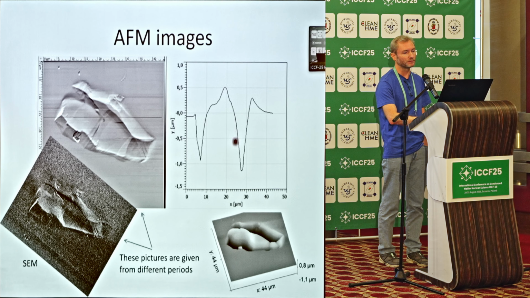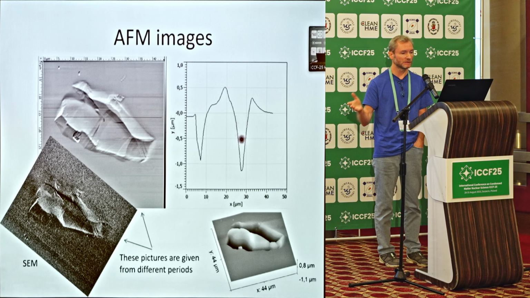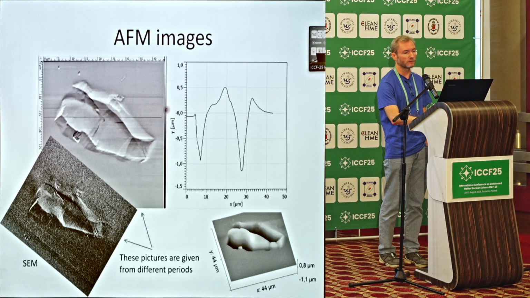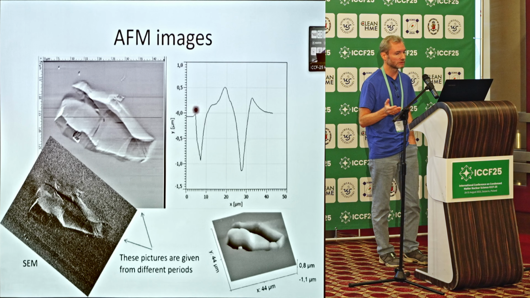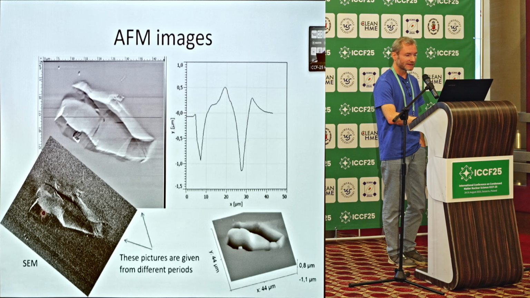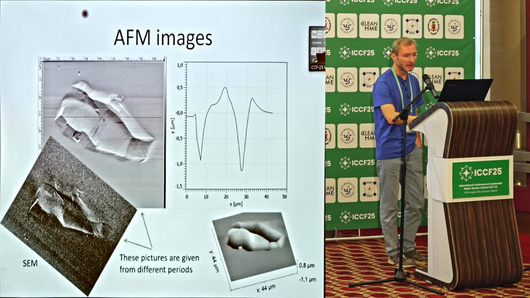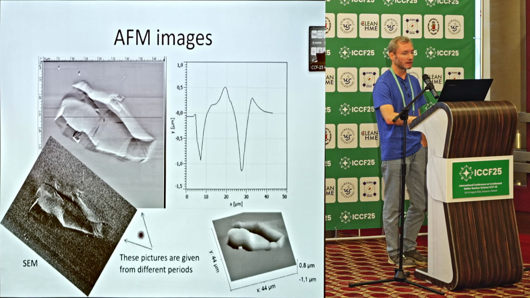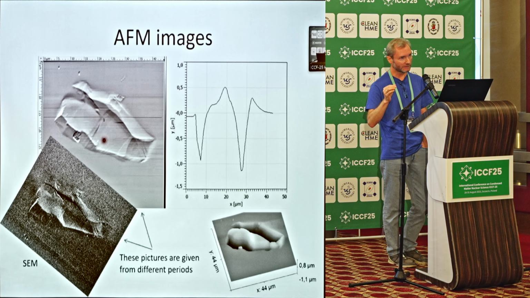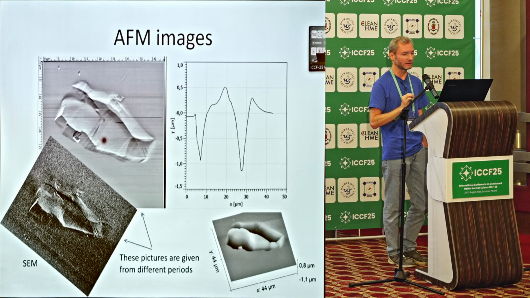Here we have a dip of about 1 micron and a width of such structure about 30 microns. Same AFM images, note that these pictures are taken from different periods. And you can see that they have identical structure in very, very fine details.